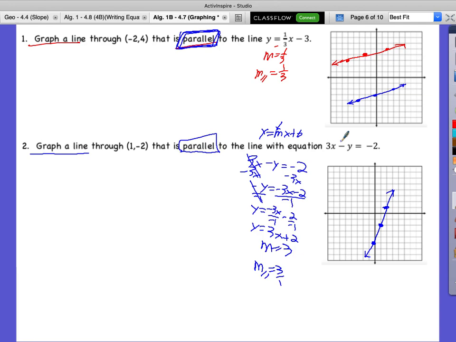If they're parallel, they have the exact same slope. So instead of starting at a y-intercept with our b, we started with the point 1, -2, because we told the line goes through there. So we made that point, because you can start at literally any point and then do slope.